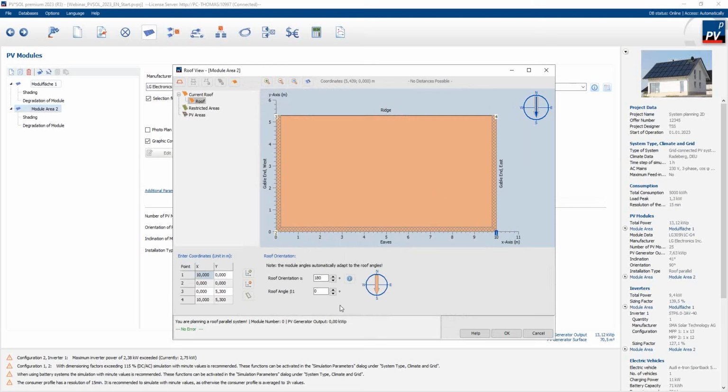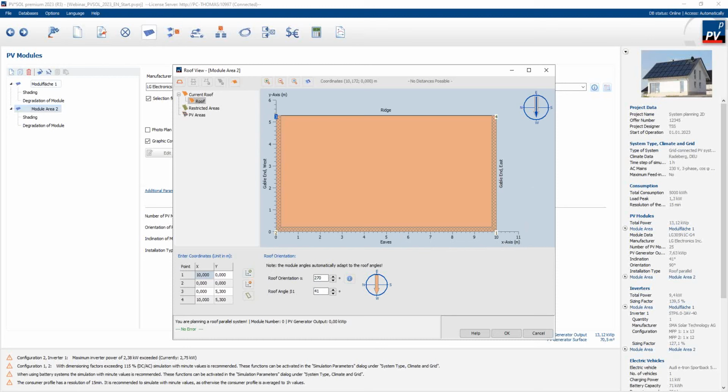Below this graph, we have to define the roof orientation. This should be 270 degrees. That means it's orientated to the west, 270. And the roof angle we know from our further planning with photo plans: around 40 degrees or 41 degrees.